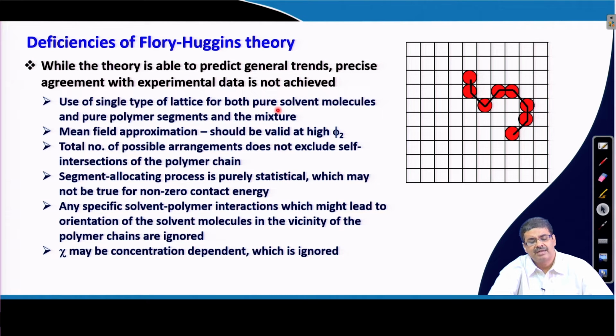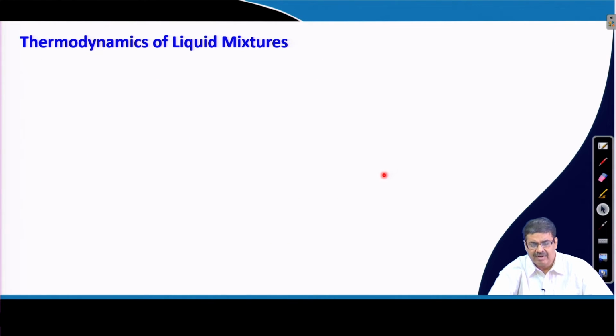That is the reason we do not get precise agreement with the experimental data when we predict a thermodynamic property using Flory-Huggins theory. Now, we will discuss how this Flory-Huggins theory can be utilized to derive some of the thermodynamic parameters.